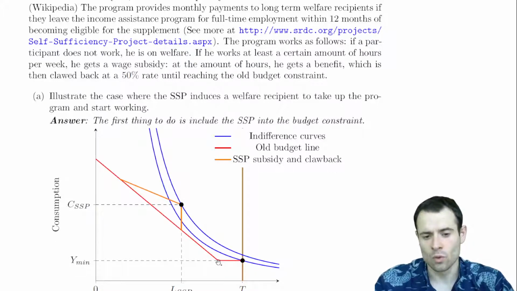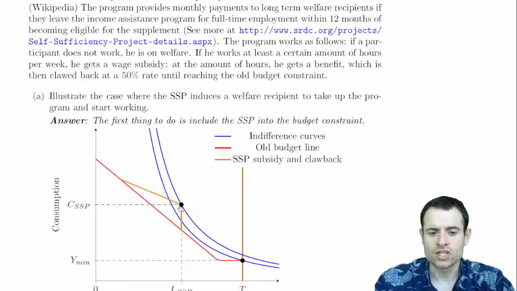Then our individual works a certain amount of hours, and once he works a sufficient amount of hours, he gets a jump in his budget constraint. He gets a sudden benefit, which then, little by little, is clawed back at a rate of 50% until the amount of hours worked equals the benefits plus the amount of hours worked.